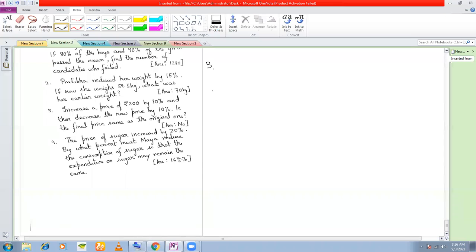Increase a price of rupees 200 by 10% and then decrease the new price by 10%. Is the final price same as the original one? Okay. So original price is how much? Rupees 200. Okay. So after increase of 10%, the new price is, you have to increase 200 by 10%.